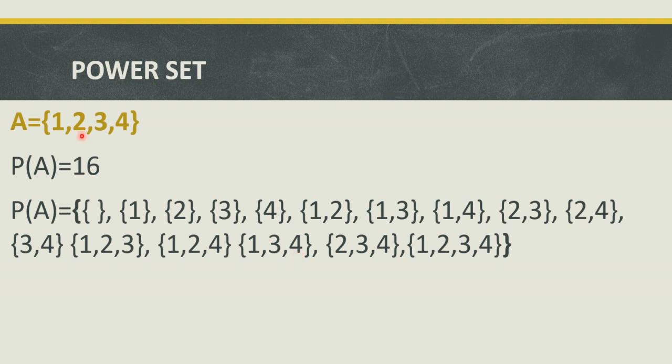Now we keep 2 and 3 fixed, so we write 2 comma 3, and then we take 4 with 2 and 3. Now we cannot make any possible set of 3 elements, so in the end we make the improper subset, which is 1 2 3 4, the set itself.